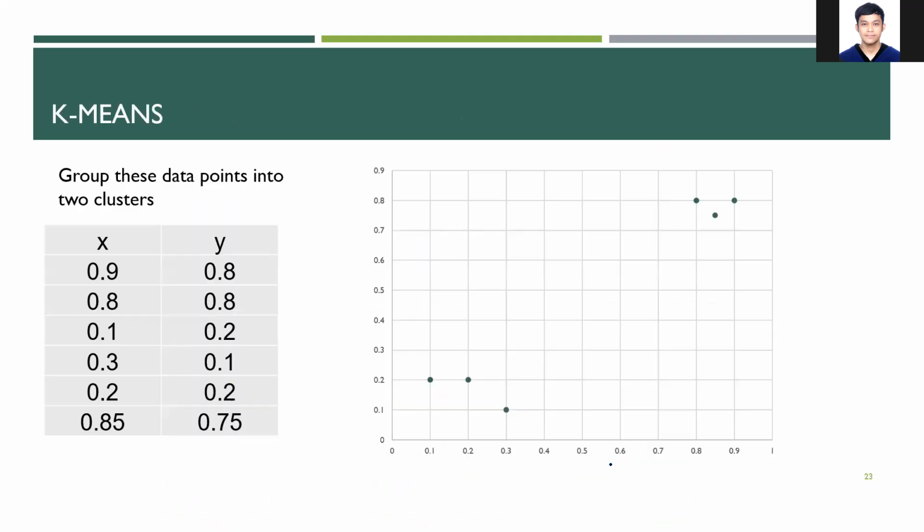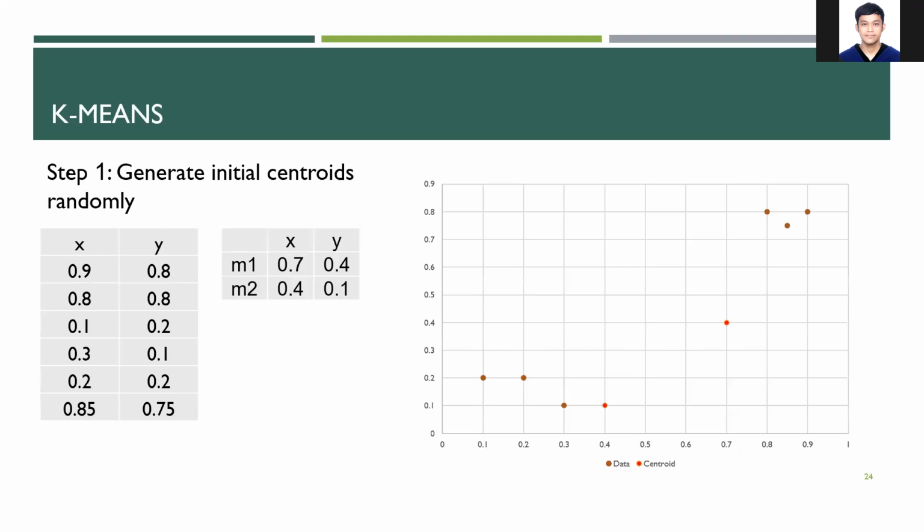Okay, let's use real data to make it more clear. For example, we have 6 data points: 1, 2, 3, 4, 5, 6. First step, generate initial centroids.